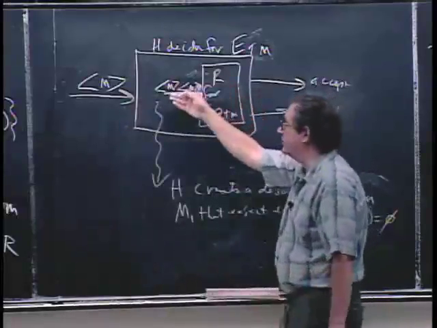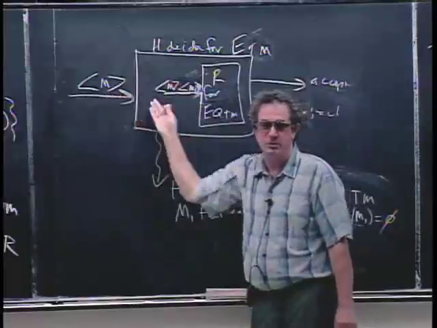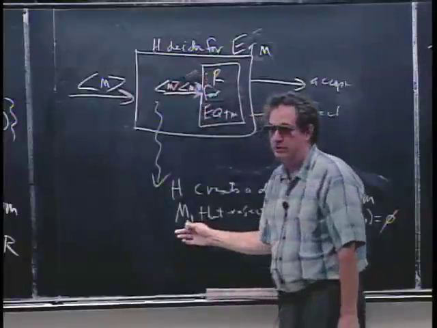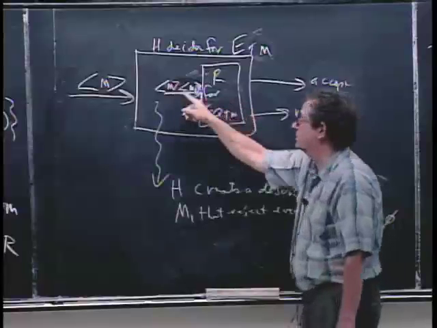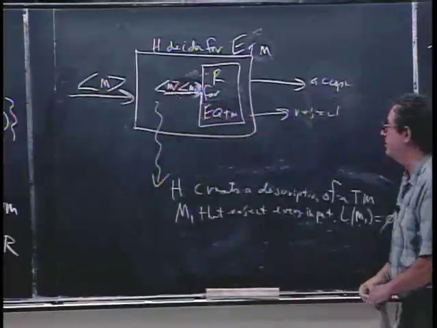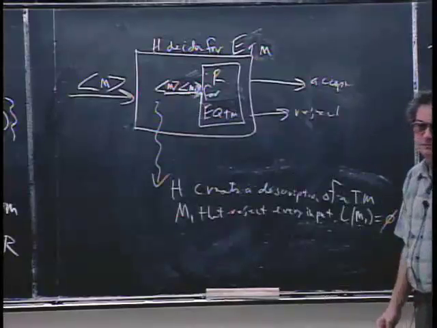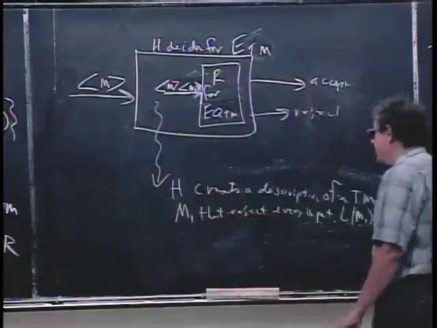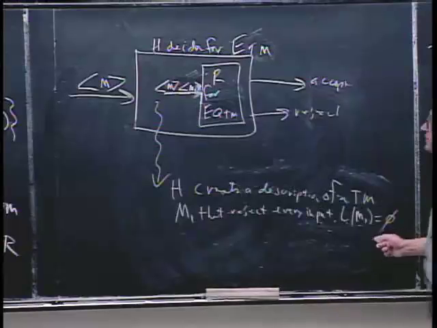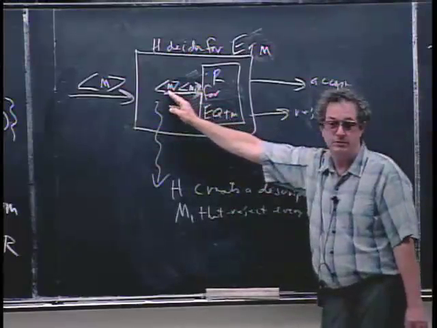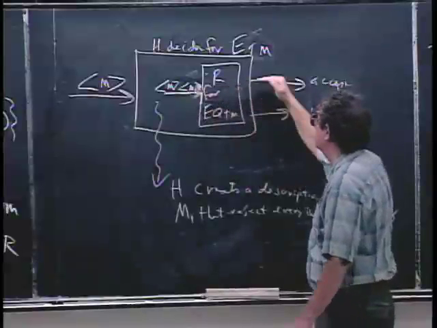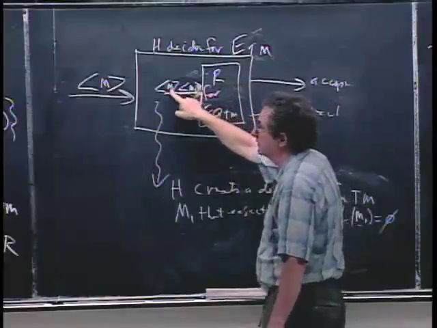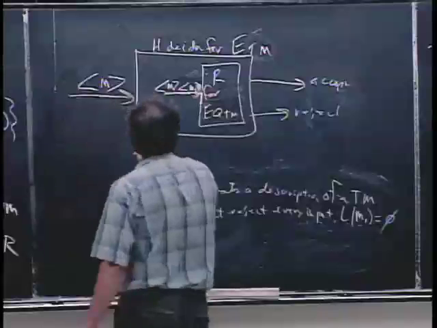Well, certainly Turing machine H can create a description of M because the input is a description of M. And Turing machine H can create this M1, we just argued that. Now R takes a look at these two languages and decides yes or no, they're equivalent. Because the language of M1 is the empty language, the only way they're equivalent is if M is also the empty language. So when R accepts, meaning these are the same, then M is the empty language, which means that should be an accept.